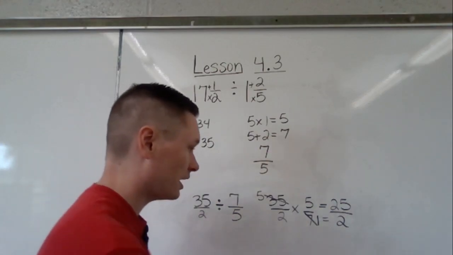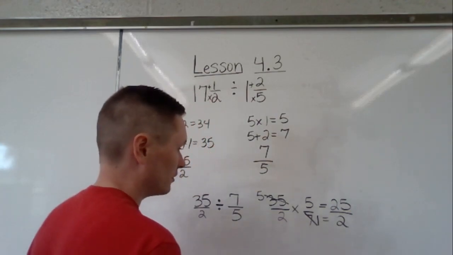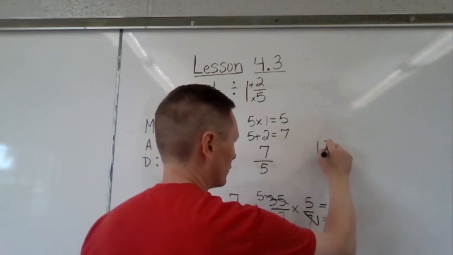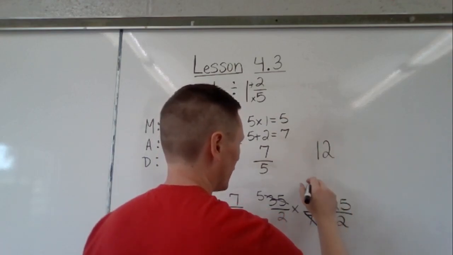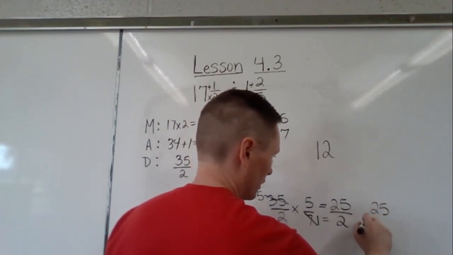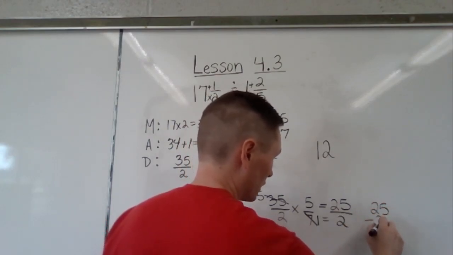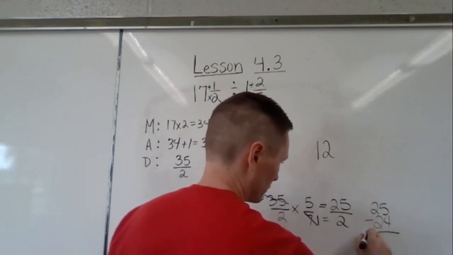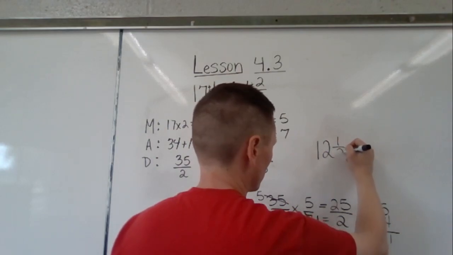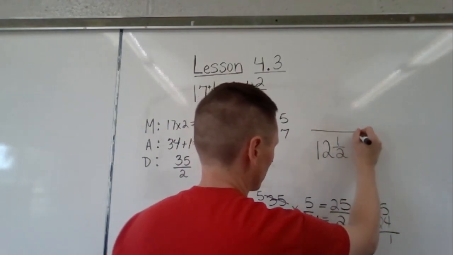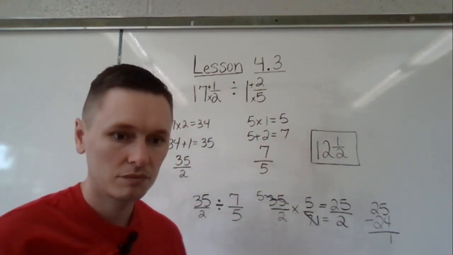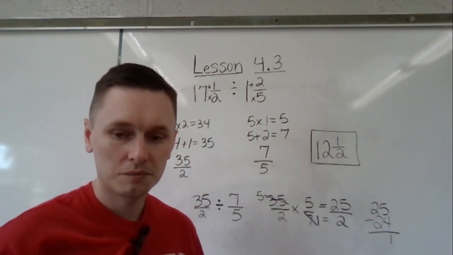And I say, how many times does 2 go into 25? And that would be 12. Okay, and then I would have 25 minus, because 2 times 12 is 24, there's 1 left over, so 12 and 1/2 would be your answer.